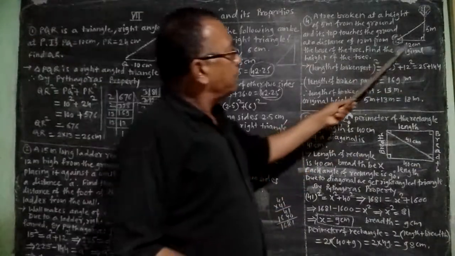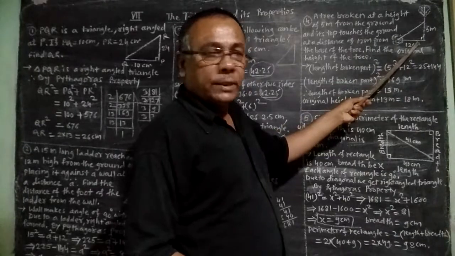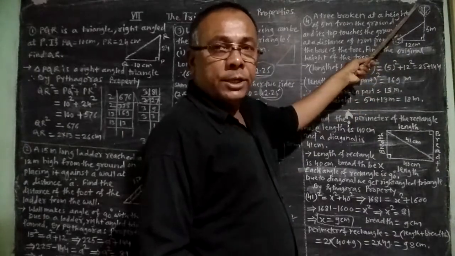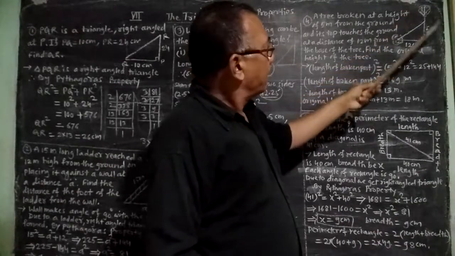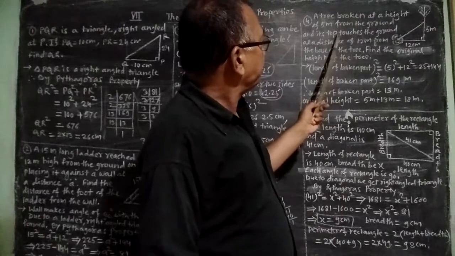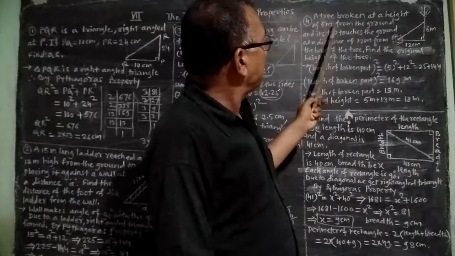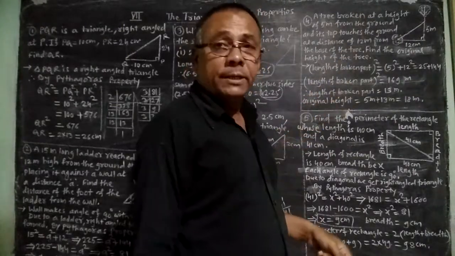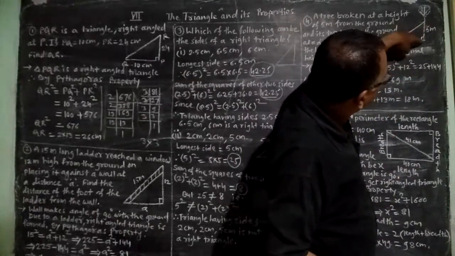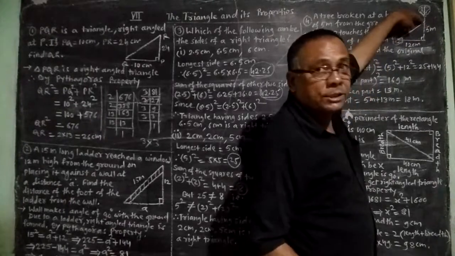So here in the figure it is shown that the tree is broken at the height of 5 centimeter from the ground, means the distance between the ground and this point.